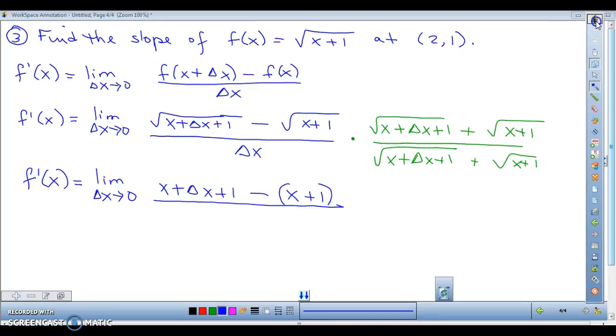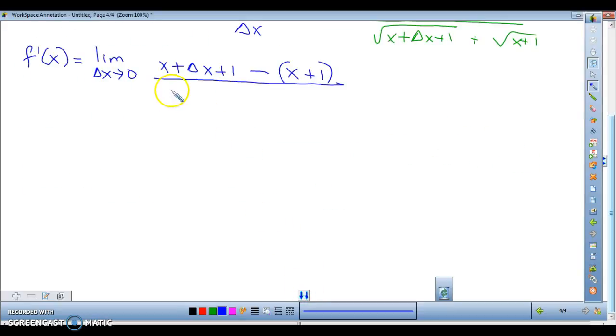That's not going to happen to you, though. You're going to know how to make sure you fix it by doing it right the first time. And then make sure you leave your denominator in factored form. So delta x, and then parentheses, the square root of x plus delta x plus 1, plus the square root of x plus 1.